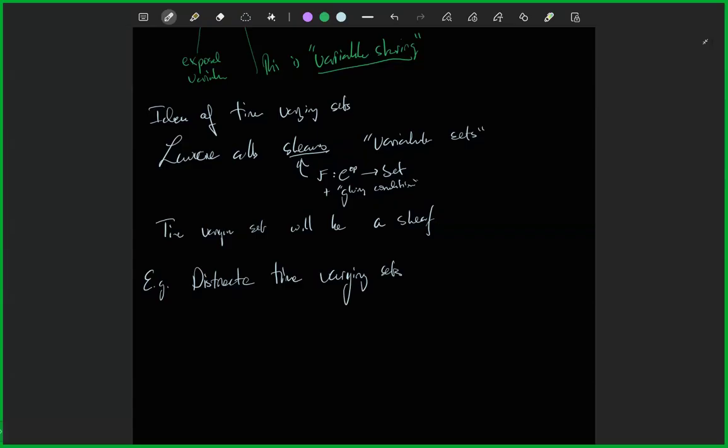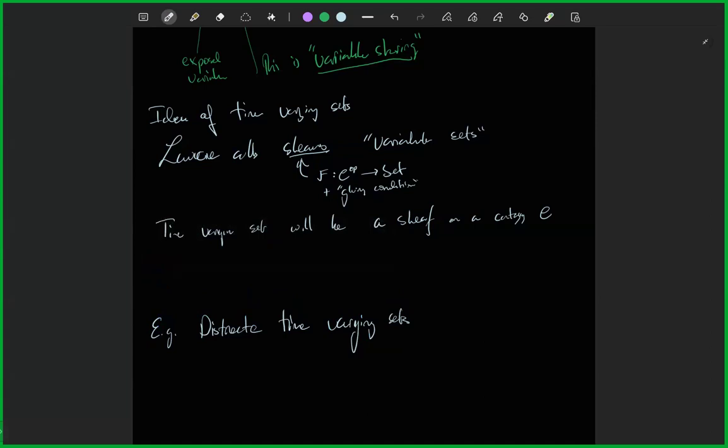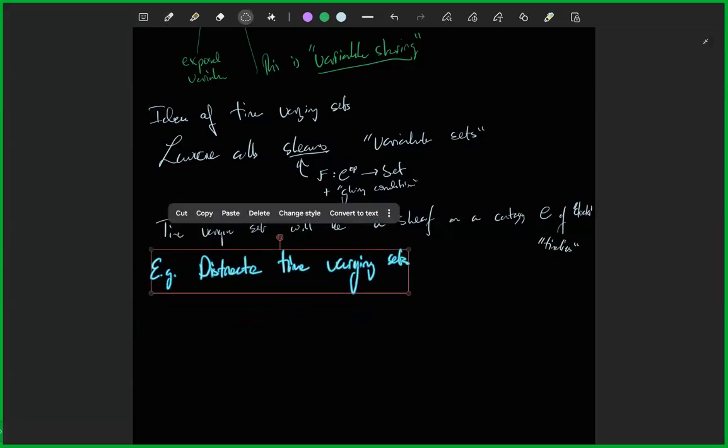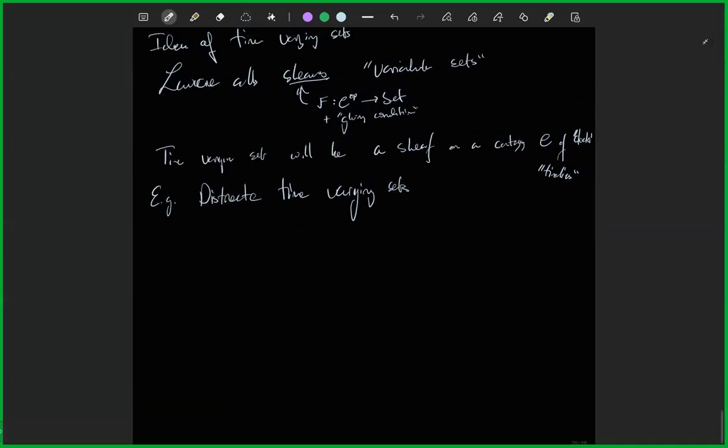Time varying sets will be a sheaf on a category C, and what could we call the category C? I like to call its objects clocks, but you might also call them timelines. So with that in mind, I'm going to talk about the discrete time varying set and its timelines.